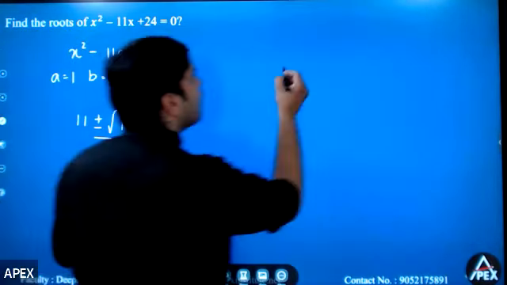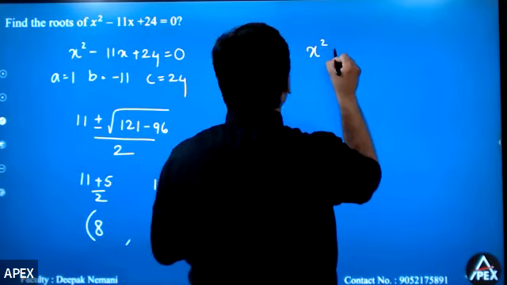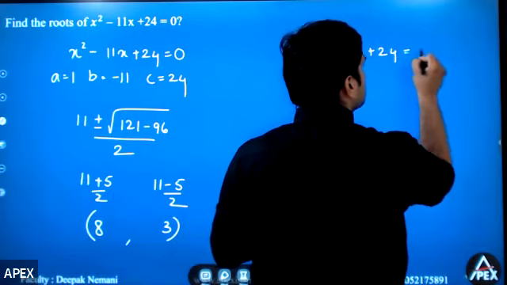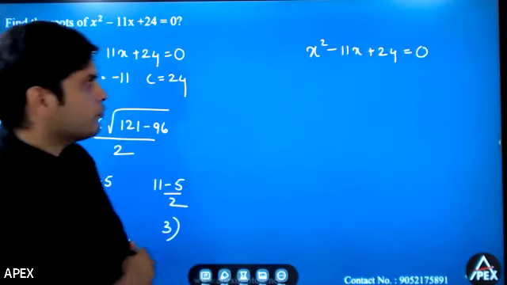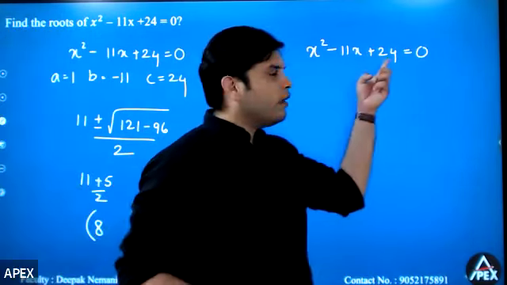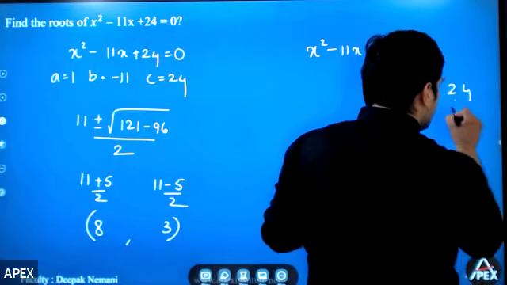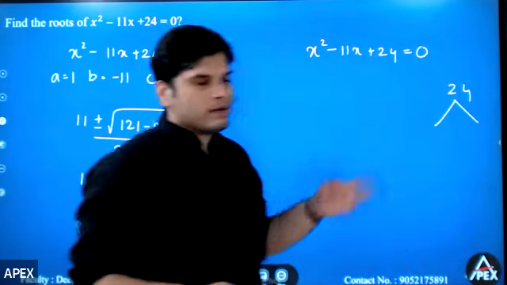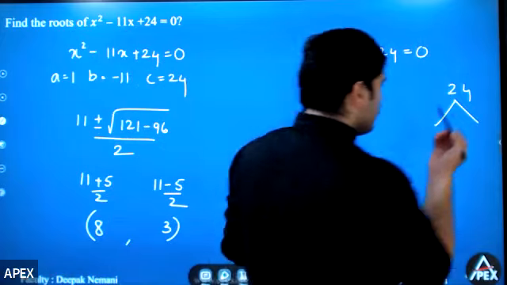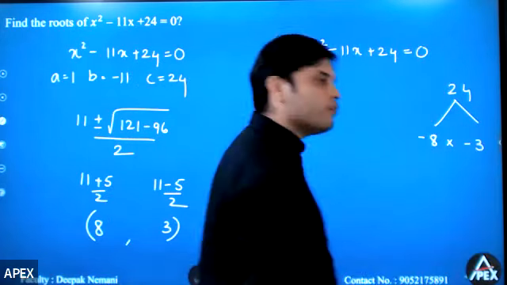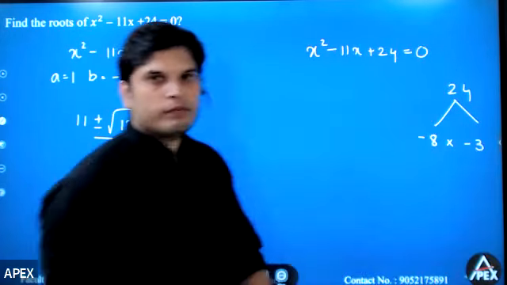Okay. Now using factorization, x square minus 11x plus 24 is equal to 0. Now product of a and c, 1 into 24, 24. Now we have to write 24 as a product of two numbers which add up to minus 11. So 24 can be written as minus 8 into minus 3. Okay.